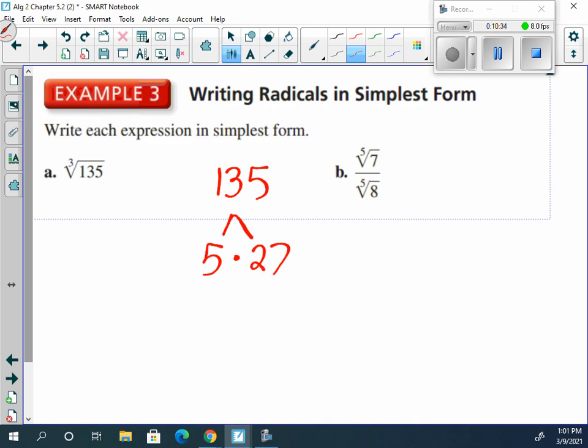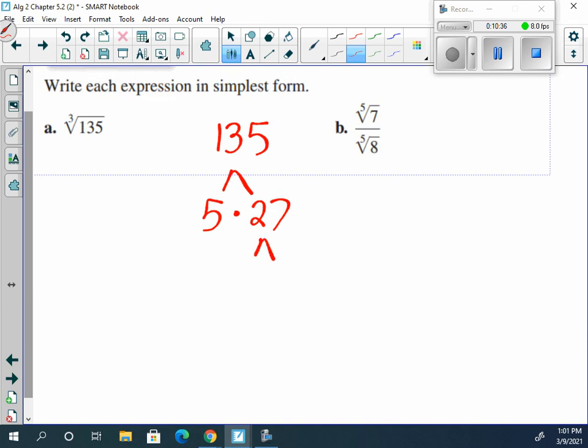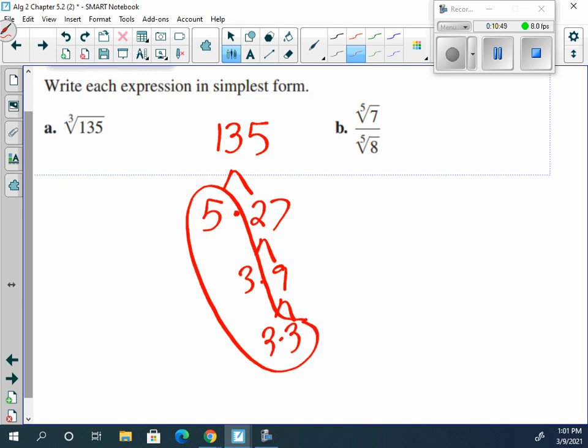27 seems interesting. What prime numbers go into 27? So 3 times 9. And 9 is 3 times 3. So we have 3 times 3 times 3 times 5, or we can say 3 cubed times 5 would give us 135.